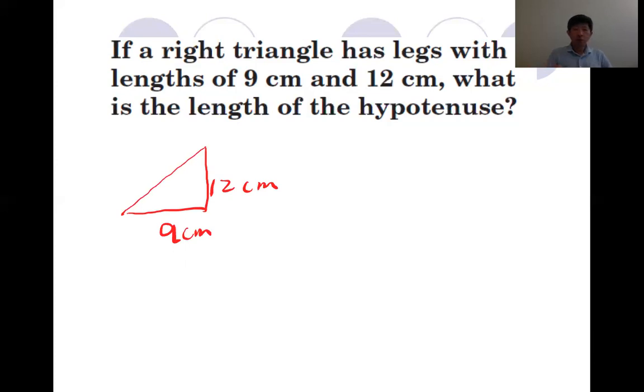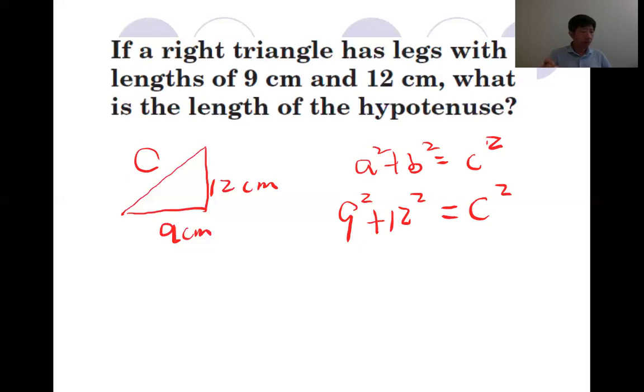According to the Pythagorean theorem, a squared plus b squared equals c squared, right? So we're looking for the length of the hypotenuse. Therefore, we have 9 squared plus 12 squared equals c squared.